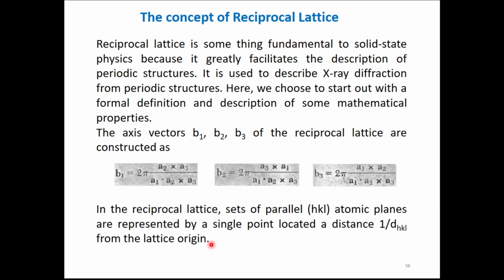Okay, I'm telling you a very important thing about the reciprocal lattice. Once you get electron diffraction or neutron diffraction data, whether in the form of peaks or in the form of spots, this is basically reciprocal space.